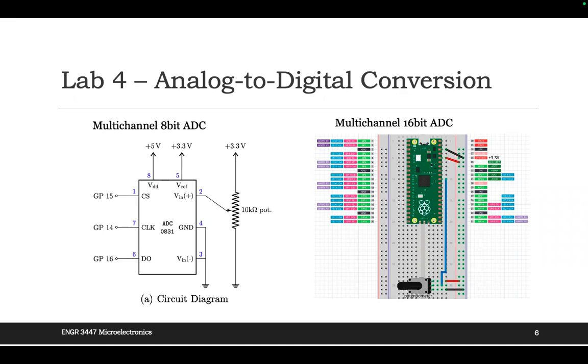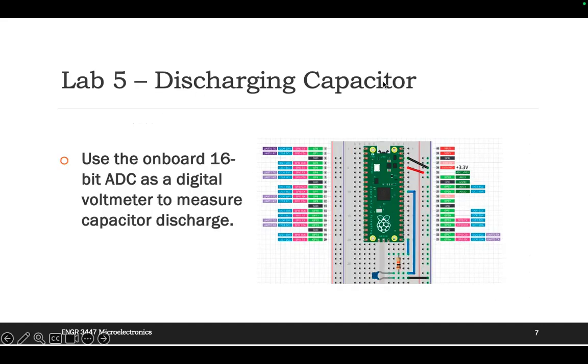It only reads high and low, am I right? It can read analog signals, but you need to convert the analog to digital first, and then the microcontroller will deal with it. But from lab 5, it's kind of an application. It not only focuses on the basic fundamental functions, it tells us what the Pico W can do.